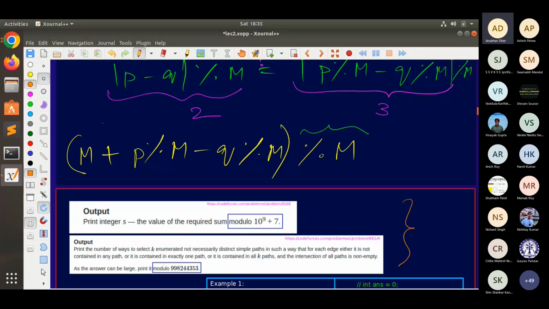So here you see some stuff given, and you need to print this thing modulo this. For example, if your answer is 10013 and you are asked to print it modulo 200, then you print 13, right? Makes sense, right?